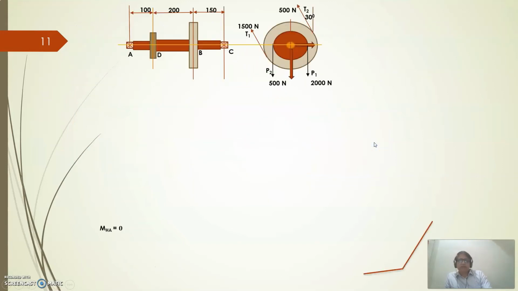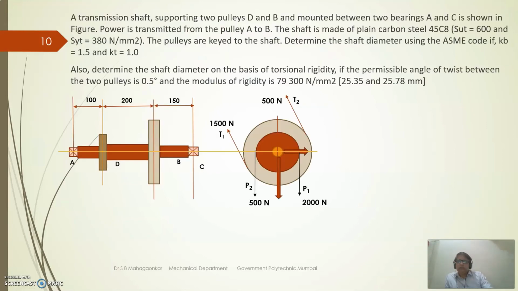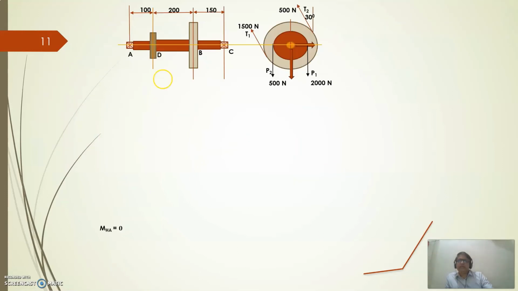So now we will go for the problem, how we can solve it. You just draw that problem. What is given is this A, B, and this is C, right? So in the same problem, A and C are the two bearings, and this is a pulley.